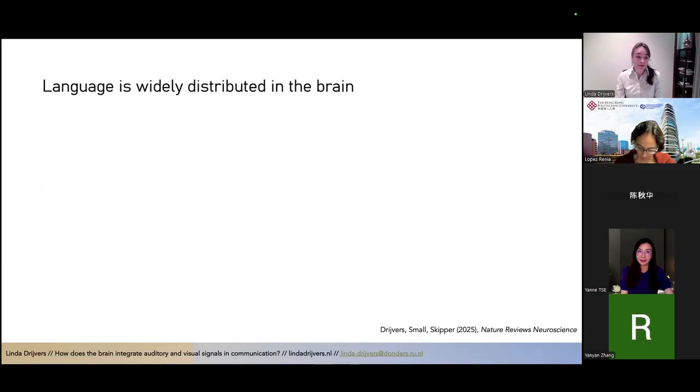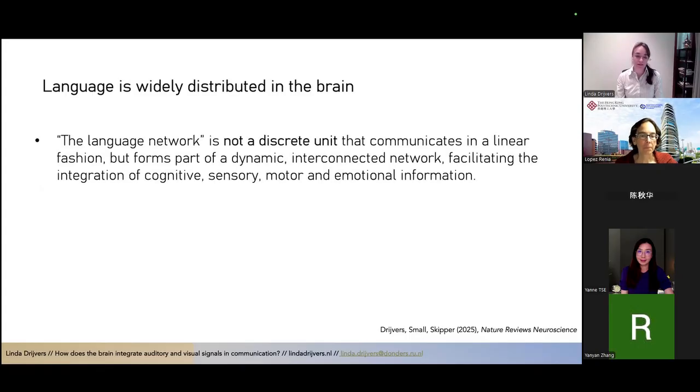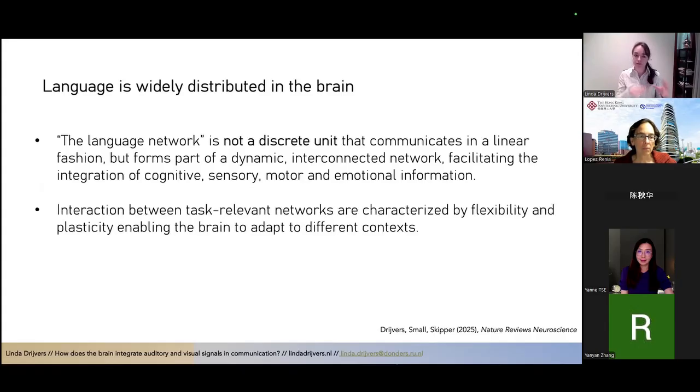So language should be considered as widely distributed in the brain, not a discrete unit, but more of a dynamic interconnected network that facilitates this integration. And the interaction between these different networks is characterized by flexibility and also plasticity to enable the brain to adapt to these different contexts.